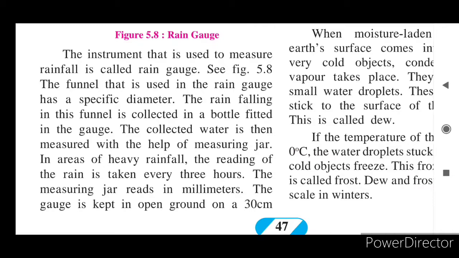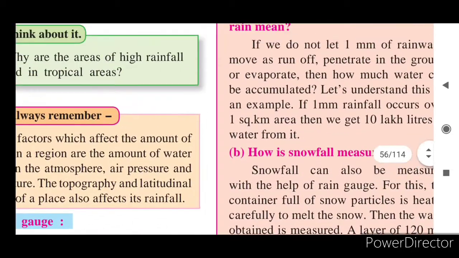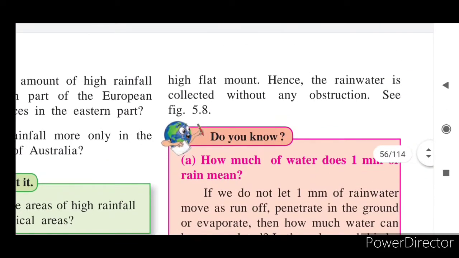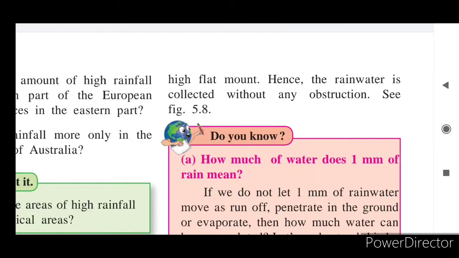The measuring jar reads in millimeters. The gauge is kept in open ground on a 30 centimeter high flat mount. Hence, the rainwater is collected without any obstruction.